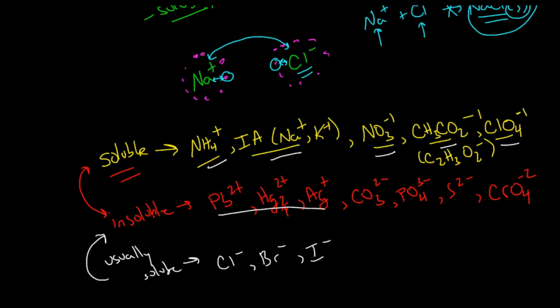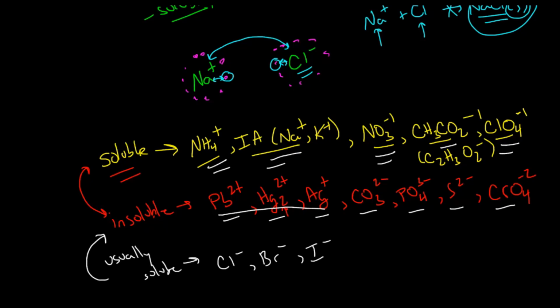If an ionic compound contains lead, mercury, silver, carbonate, phosphate, sulfide, or chromate, it's most likely insoluble unless it's partnered up with one of our soluble ions.